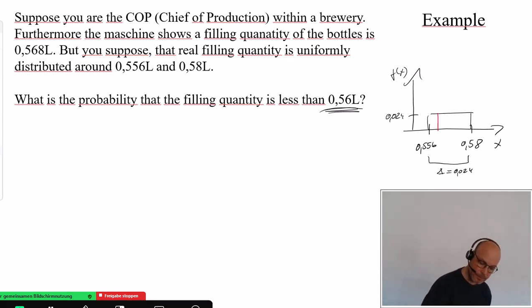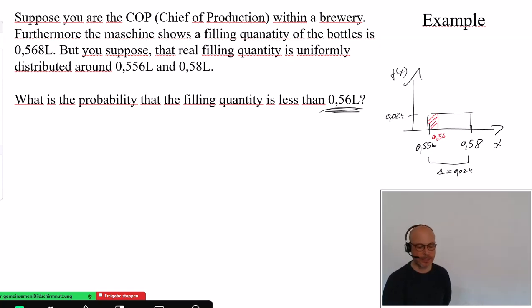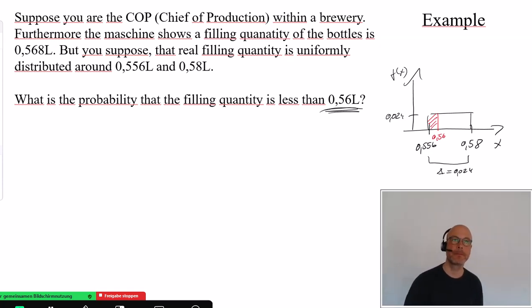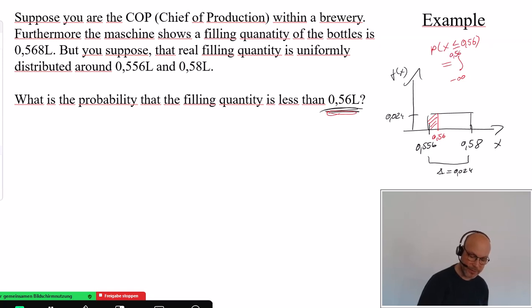Well, here is 0.56, and we have learned that the probability is just the integral over the density function from minus infinity until the value of the limit. So P of x smaller than 0.56 is the integral from minus infinity to 0.56 over the density function.